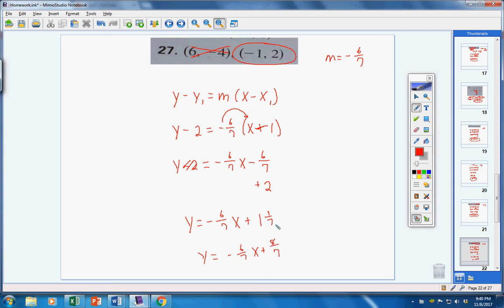Now, how did I get this? Well, guys, think about it. I have negative 6/7 and I'm adding positive 2 over 1, right? Sure. So, common denominator for 7 and 1 is 7. So this fraction stays the same. Over here, my 1 became a 7, so 1 goes into 7 times 2 is 14.